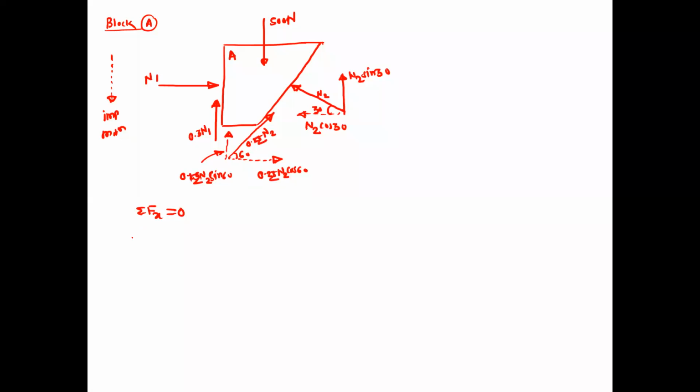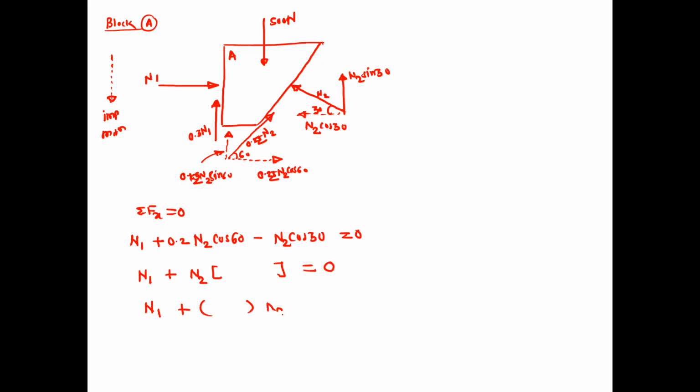So summation Fx, we will have N1 plus 0.2 N2 cos 60 minus N2 cos 30 equal to 0. From this take N2 common. So N1 plus N2 into bracket, you will get some answer here. This will be your first equation: N1 plus some constant value into N2 is equal to 0.